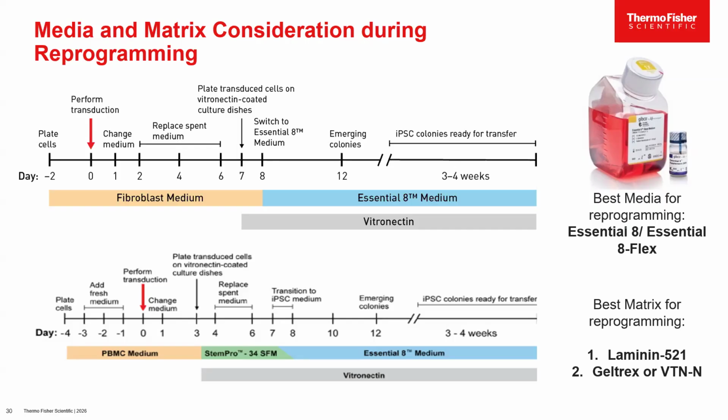What we found is coating with a laminin-based matrix like laminin 521 tends to give you really good reprogramming efficiency, especially compared to other basement membrane extracts like Geltrex or Matrigel, or even more defined matrices like the truncated vitronectin.